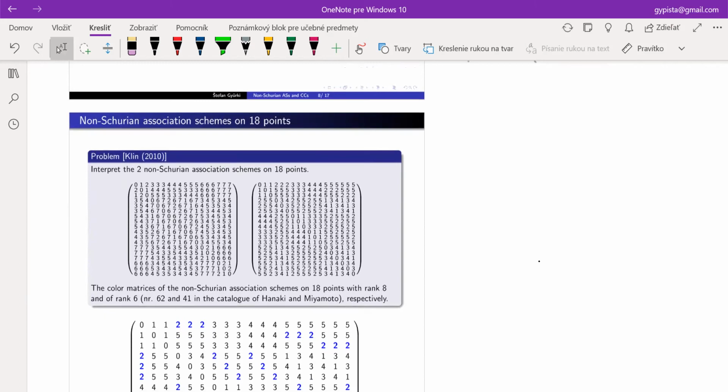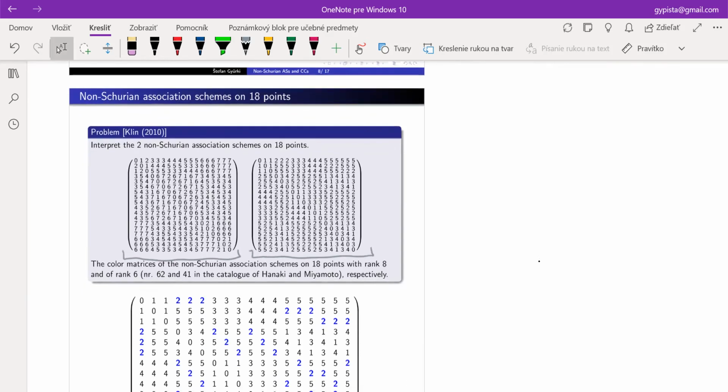So what is known is the color matrix from the catalog. This means that our input were these two matrices, which can be found in the catalog of Hanaki and Miyamoto. And the task is to reveal what kind of combinatorial object this is, or how we can explain the existence of these two non-Schurian association schemes.